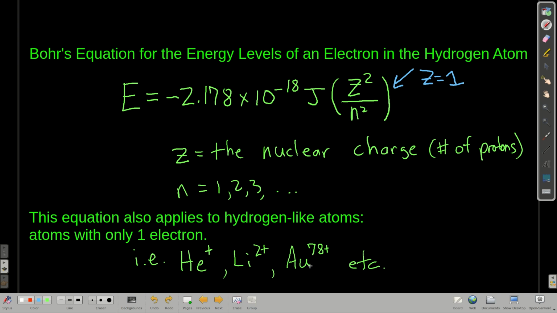Neutral gold has 79 electrons. If we were to take away 78 of those electrons, it would give it a positive 78 charge. Then it would be hydrogen-like. And in that case, Z was not going to be 1. If we were using this equation for gold 78 plus, then because there are 79 protons in the gold atom, Z would be 79. We have 79 squared here.